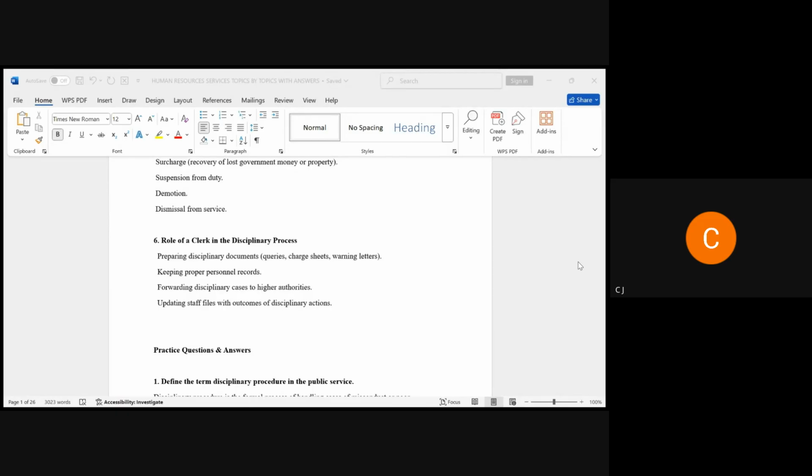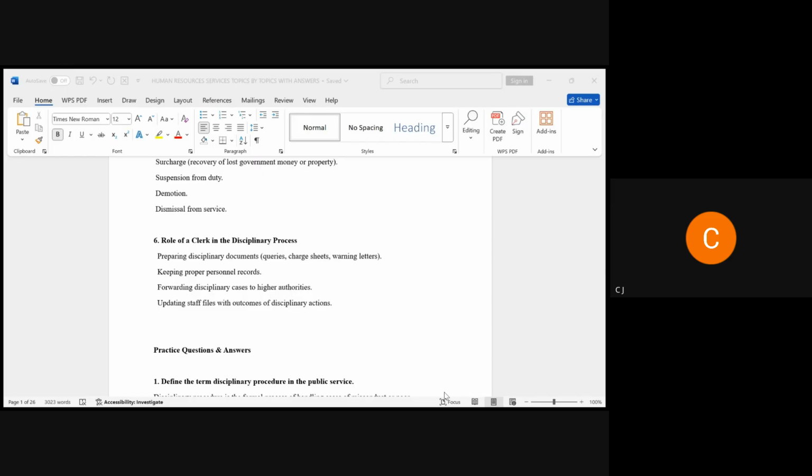Steps a government organization takes to address misconduct need to be specific. The answer needs to relate with the public service. Process used in public service to address misconduct and poor performance. Correct.